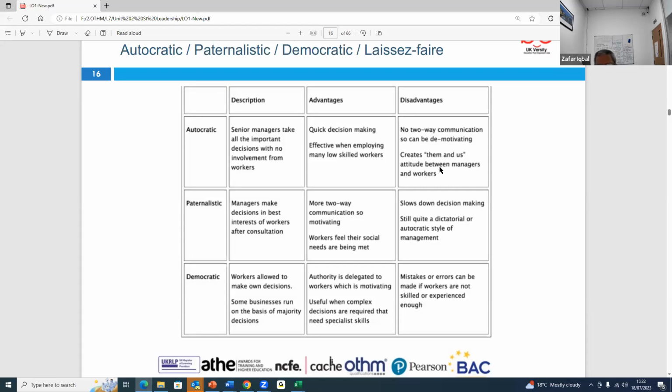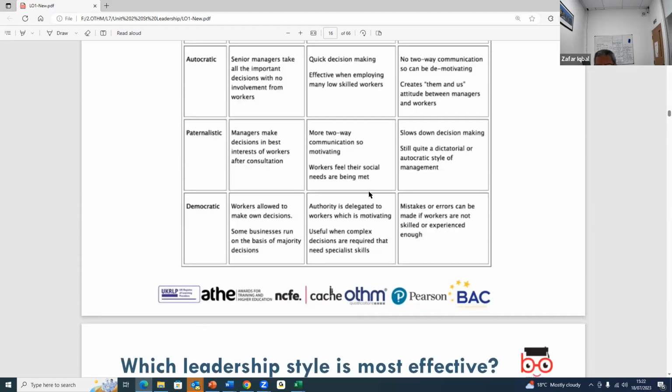Paternalistic, however, has the advantage of making two-way communication between the employee and the manager, or the leader and the manager. Okay, it's good for motivation, it's good for people working, and it's good for communicating. People feel they are contributing, for example, to the social and welfare needs of the organization.